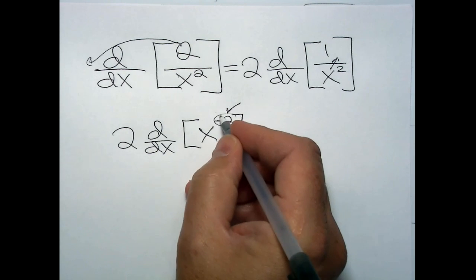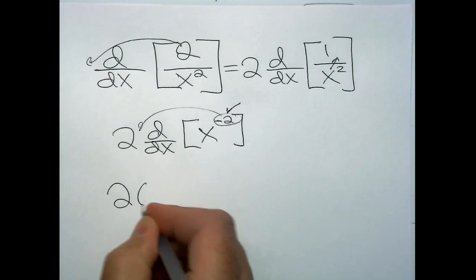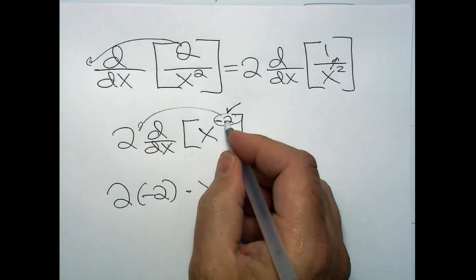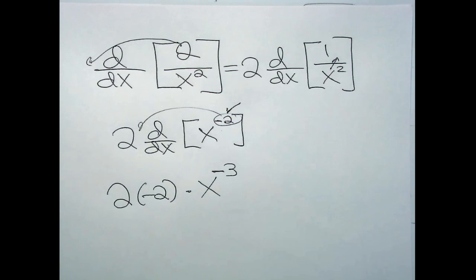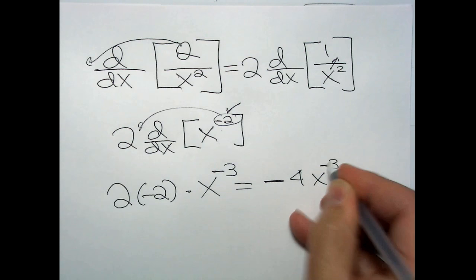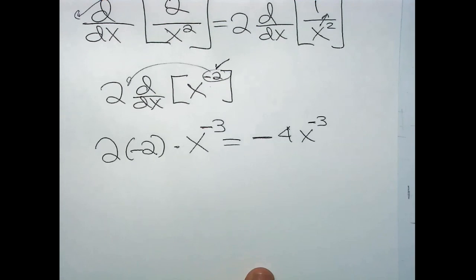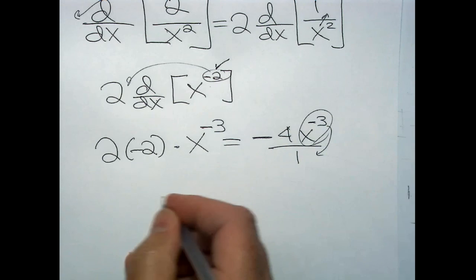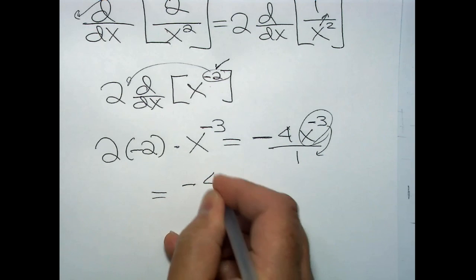The negative 2 will come out front. And the derivative then will, be careful, deduct 1 from the exponent. Now, when you're all done, we don't really like negative exponents in a final answer, so you're able to pick this up and put it back where it belongs, down on the bottom.